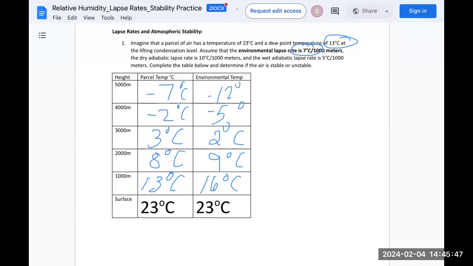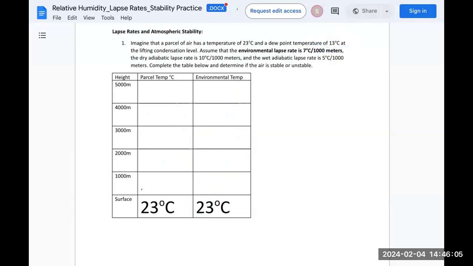Now, on your lab, you'll have another table where you decide if it's stable or unstable, and that is where you look at the temperatures in the columns compared to each other. All right. Then the last question, whoops, I better clear my drawings.